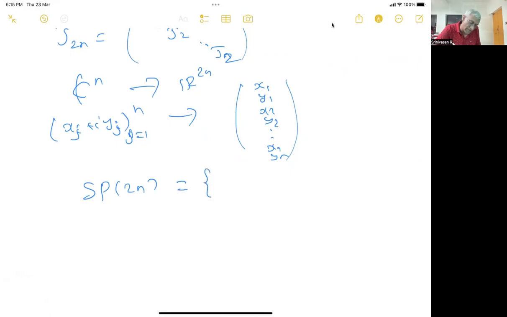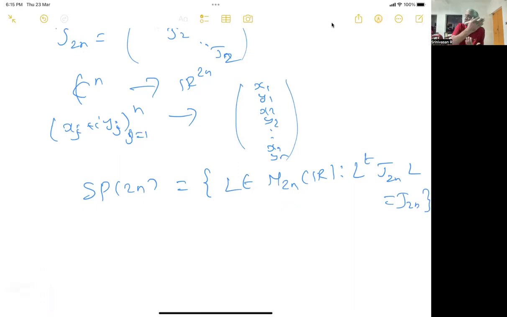So sp2n consists of all those matrices L in M2n such that L transpose J2n L equals J2n.